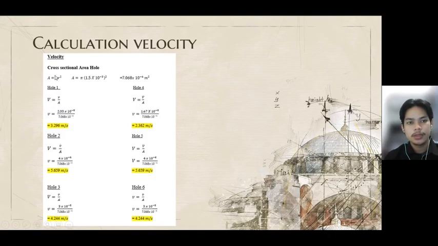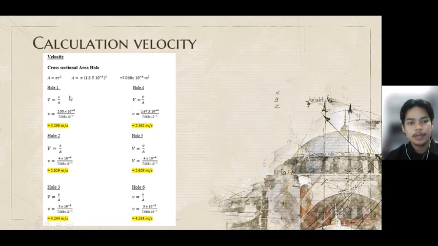Next, to calculate the velocity, we should first get the cross-sectional area for the hole. The hole radius is 1.5 times 10 power of negative 3, squared, times pi, and we get 7.068 times 10 power of negative 6 meter square.